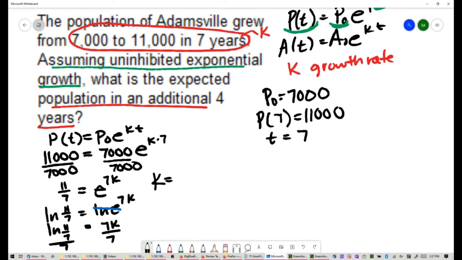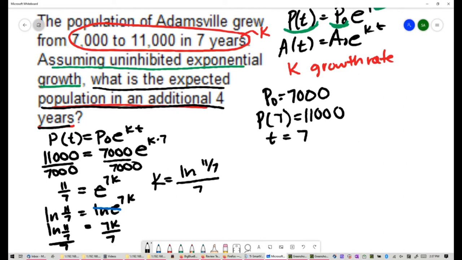The growth rate is natural log of 11 over 7, over 7. So now I know the growth rate, and I can answer this question: what is the expected population in an additional 4 years?